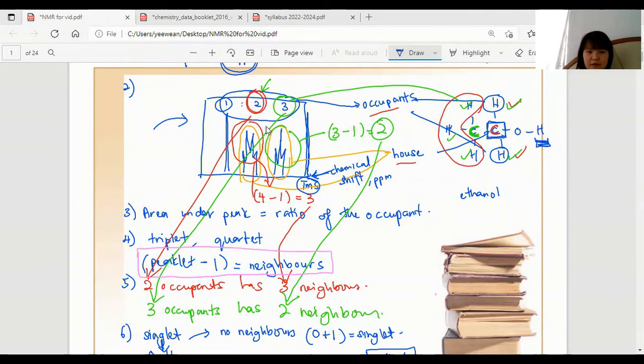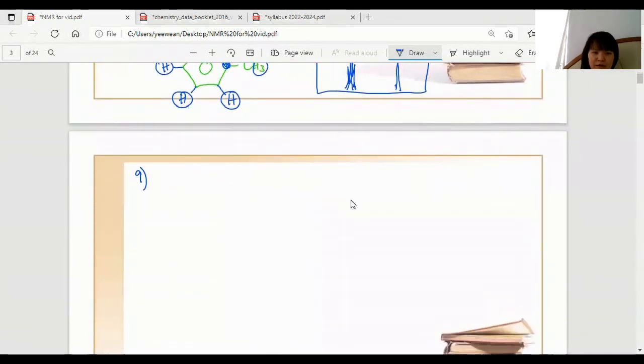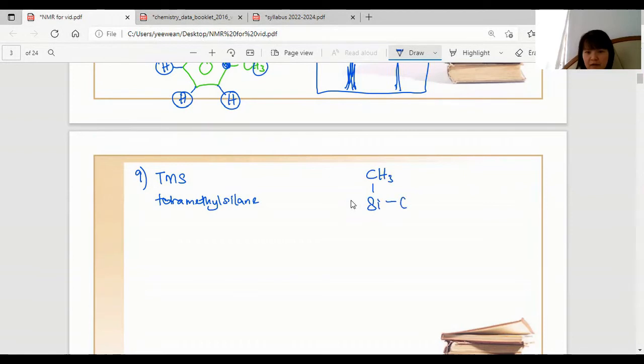Our next discussion is about TMS. What is TMS? Tetramethylsilane. What's this tetramethylsilane? It's 4 methyls, silicon like that.